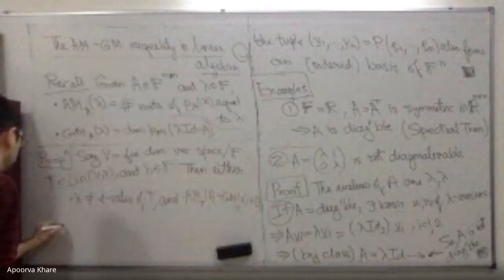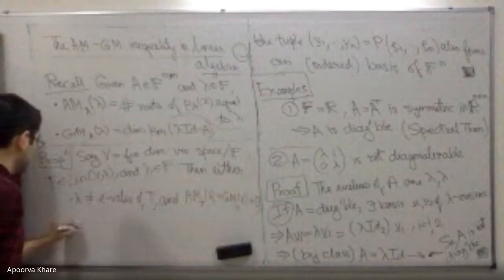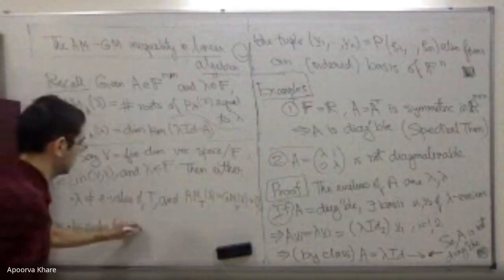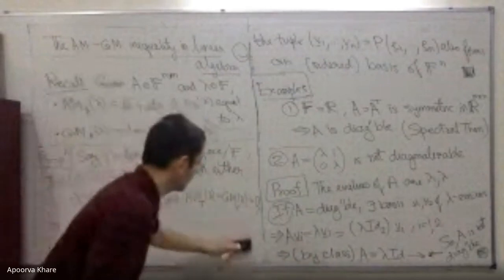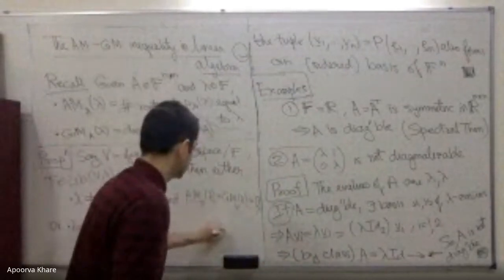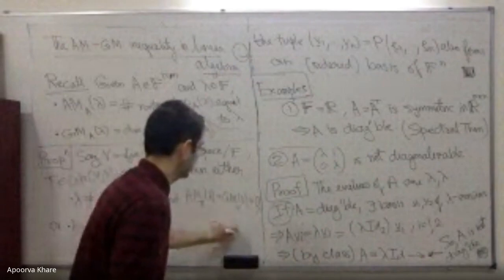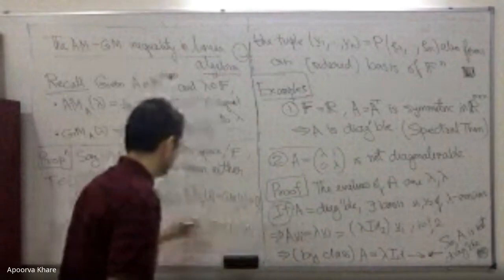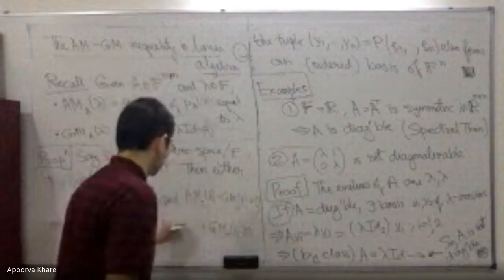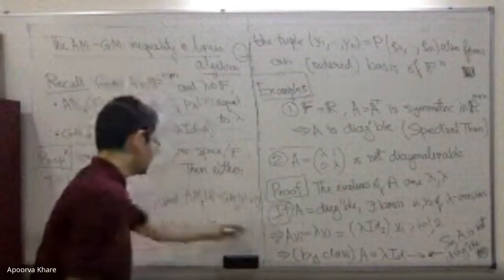Or lambda is an eigenvalue of T, and then neither of them is 0. Both of them are bigger than or equal to 1. So first of all, GM_T of lambda is at least 1, and the algebraic multiplicity of lambda is at least as big as the geometric.